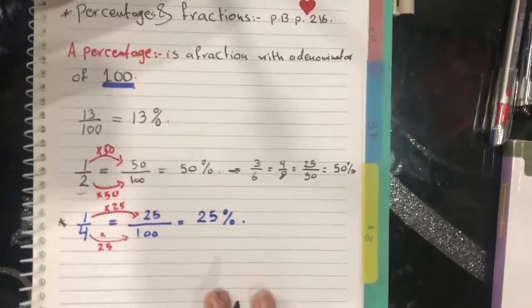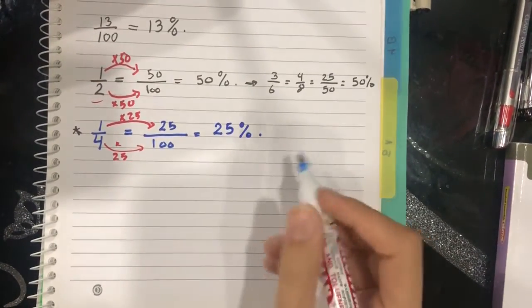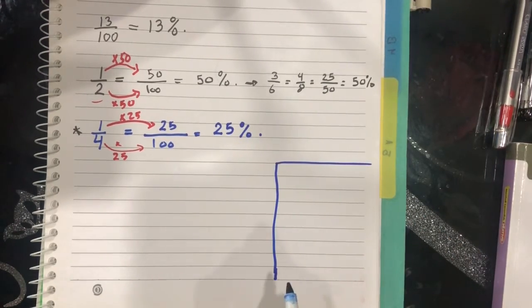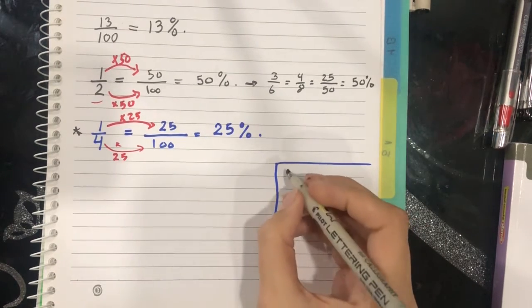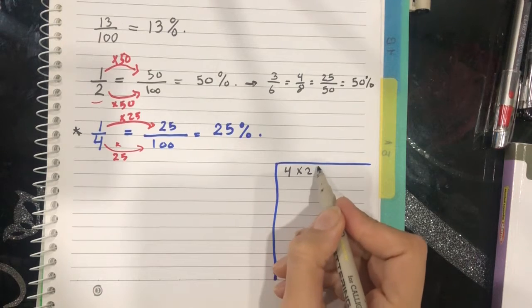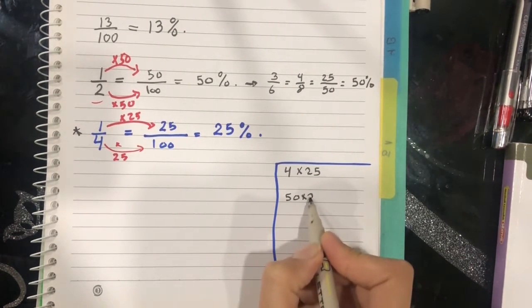There is something called a box of tens or a box of hundreds. This will be used when turning a fraction or a denominator into 100. If you had a 4, you multiply it by 25. If you had a 50, you will multiply it by a 2.